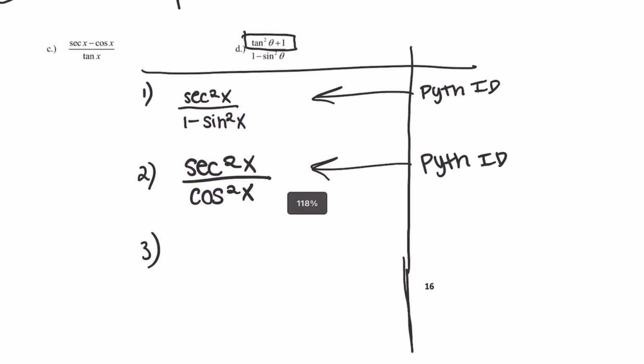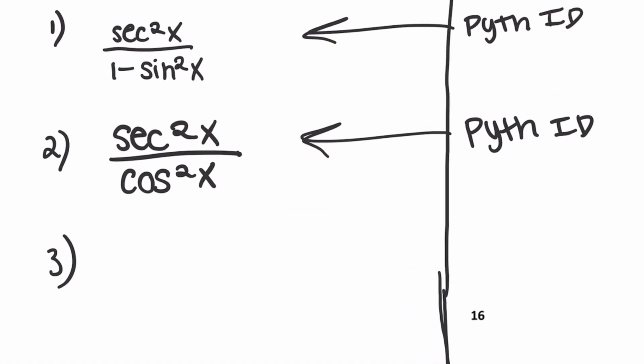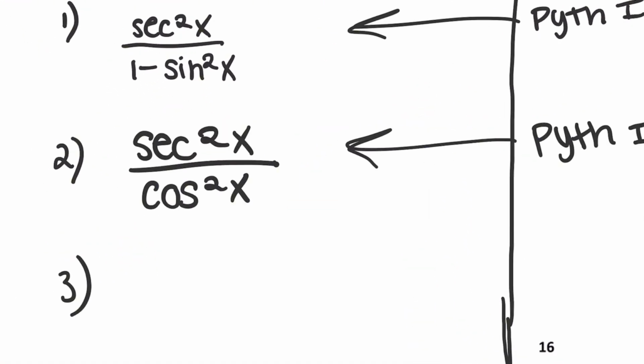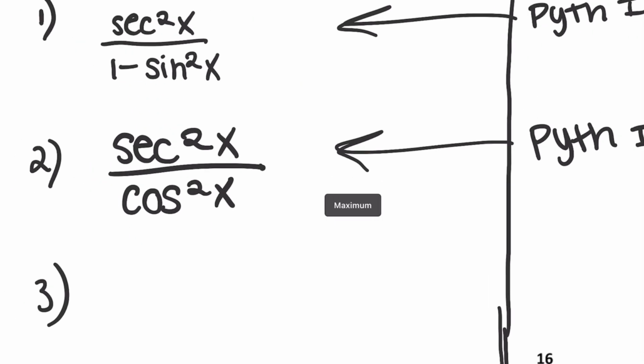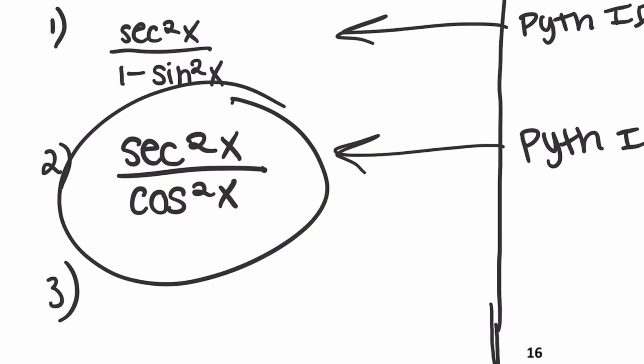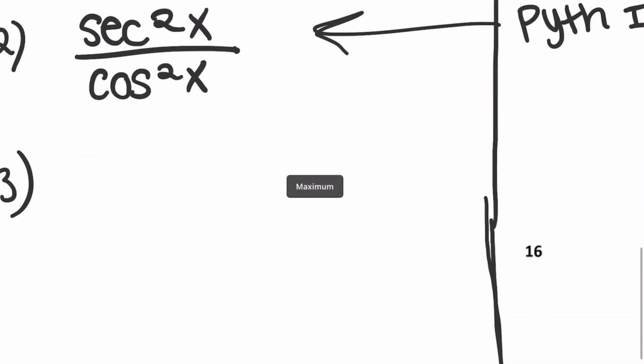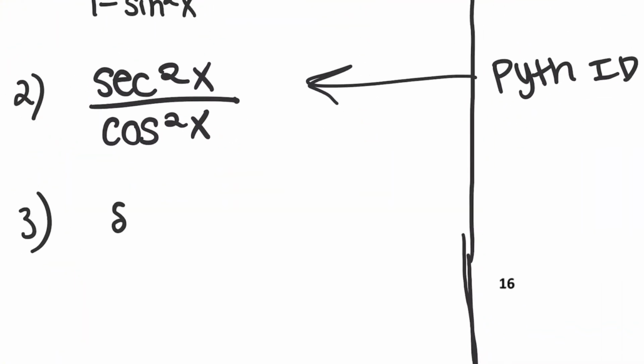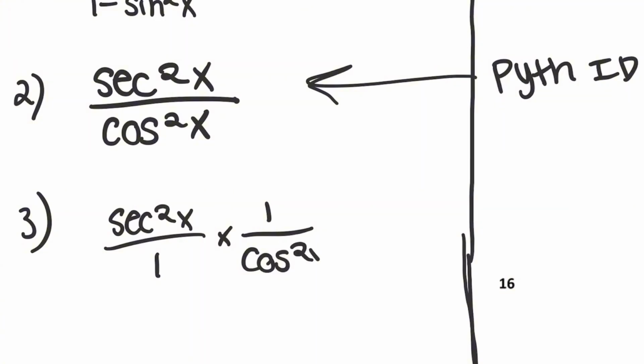Okay. Now we have 2 squared items over each other, and if we just look at this, we can probably move the cos up by 1, since it is in the denominator. So this is technically the same as secant squared theta times 1 over cos squared theta.